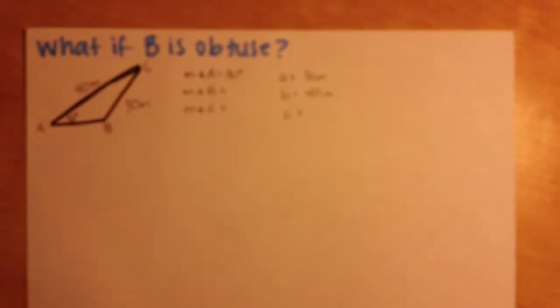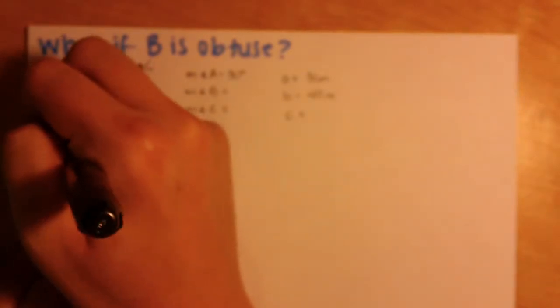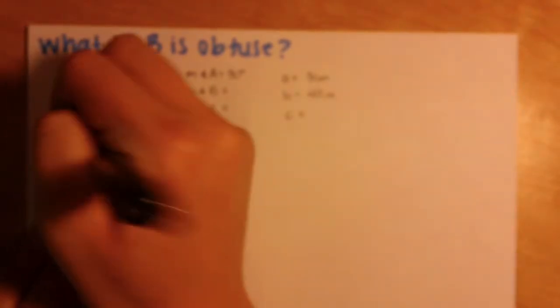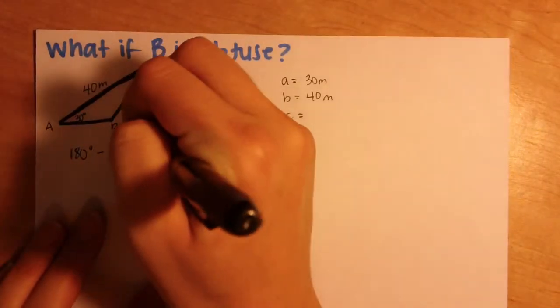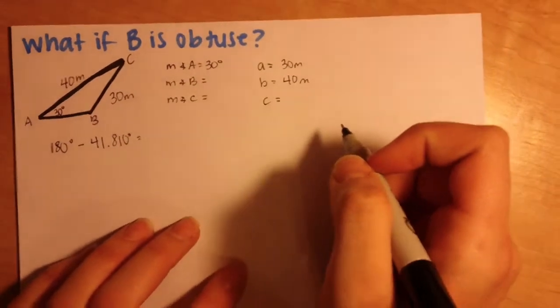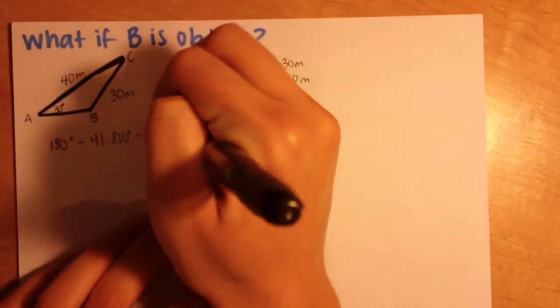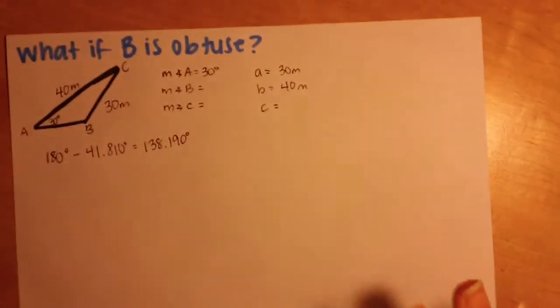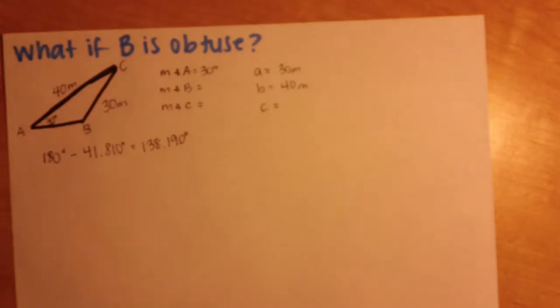So to make B obtuse, we're going to take 180 degrees and subtract off the 41.810 degrees that we found earlier, and we'll get 138.190 degrees. So we're going to look at what happens when B is 138.190 degrees.